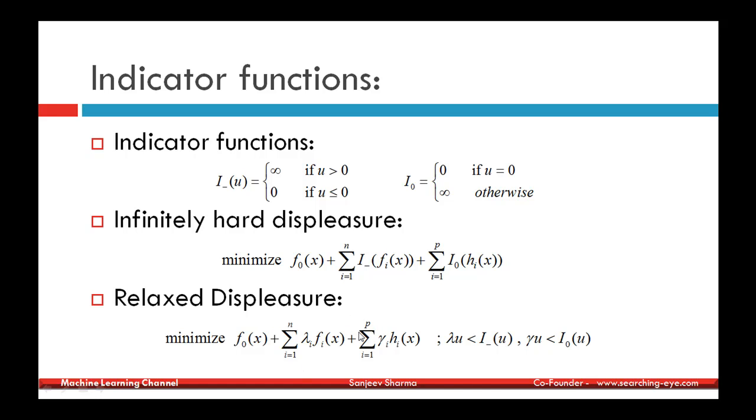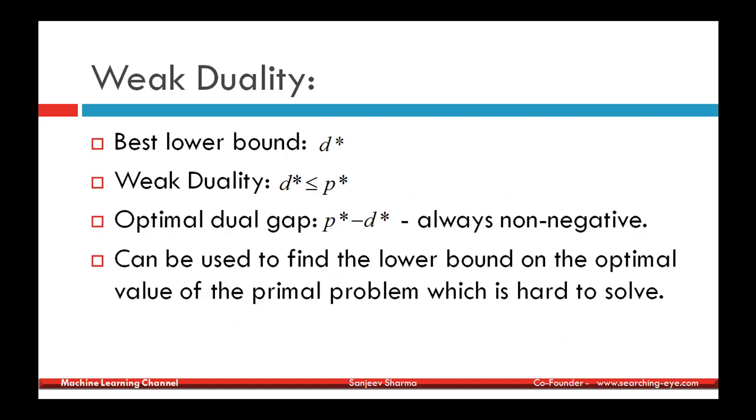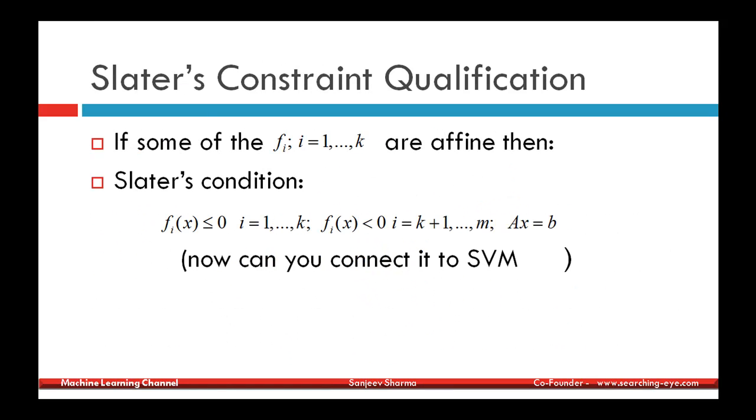As we can see, if lambda i is 0, then the corresponding fi will play no role in the dual problem, and this is how SVM derives its sparseness.